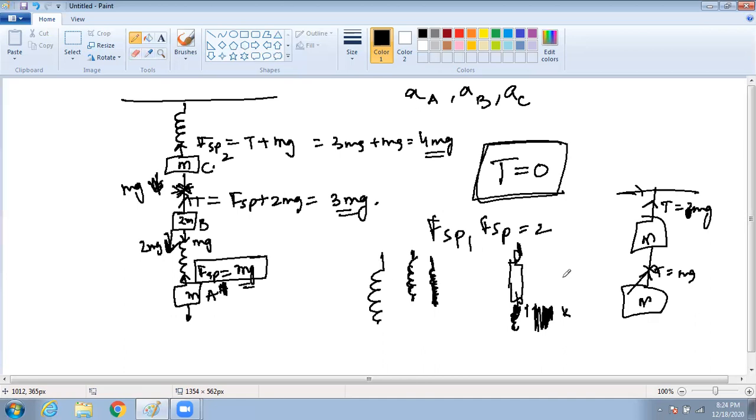Okay. So what will happen to A? You tell me. The moment you cut this spring, will this object feel anything? No. Why? Because F_sp is upward, mg is also downward. So your net acceleration is what? 0.